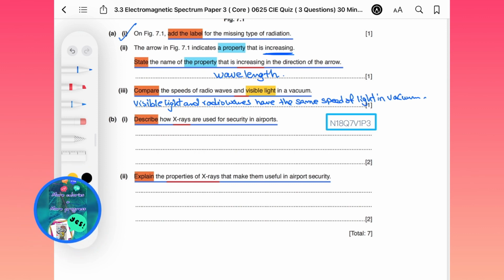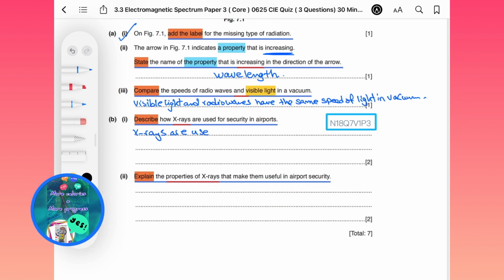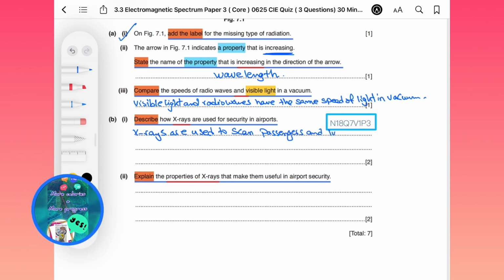Let's write down the answer. X-rays are used to scan passengers and luggage. Why?